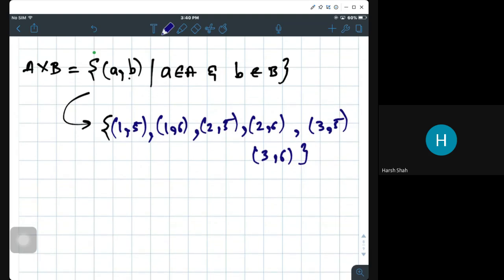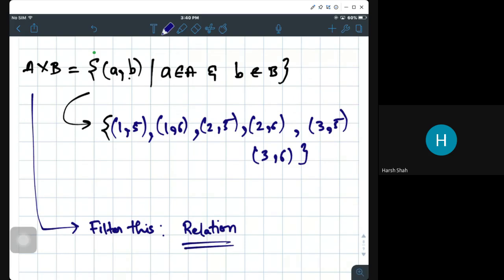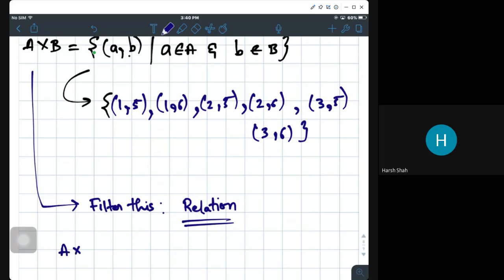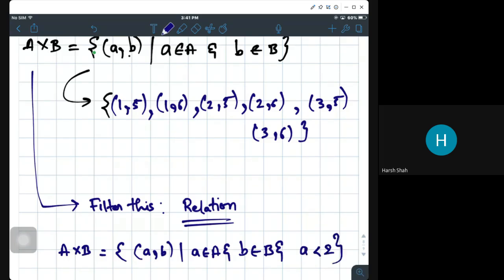Now when I apply some filtering condition on my Cartesian product, when I filter this, then it becomes a relation. What do I mean by filter? Let's say I want my Cartesian product to be of the same form (a, b), but with a condition on A, that a should be less than 2, right?